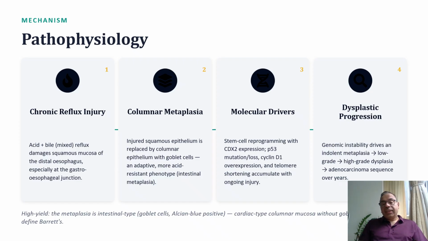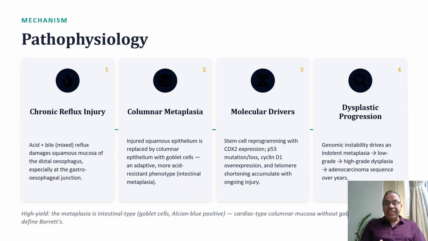And finally, this genomic instability would drive a simple indolent metaplasia to a low grade and then finally a high grade dysplasia, leading to an adenocarcinoma. This sequence from low grade to high grade dysplasia to adenocarcinoma may take some years to develop.